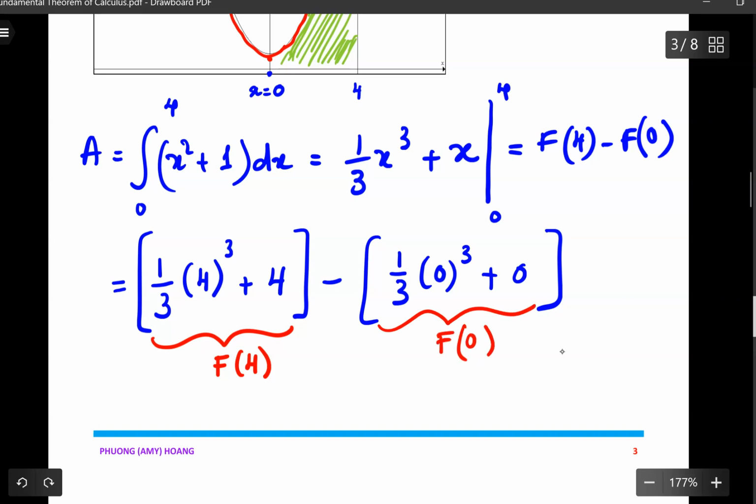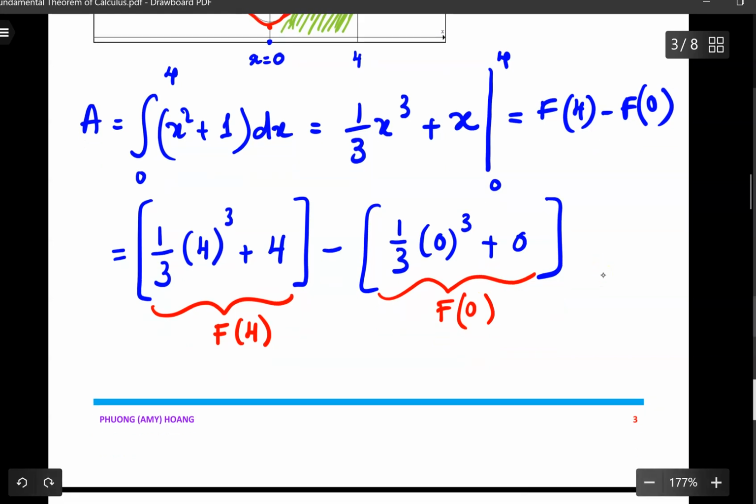However, I want to demonstrate that we subtract the lower limit. Even though it's 0, we should indicate that, because sometimes this is not equal to 0. So it's a good idea to write that down.